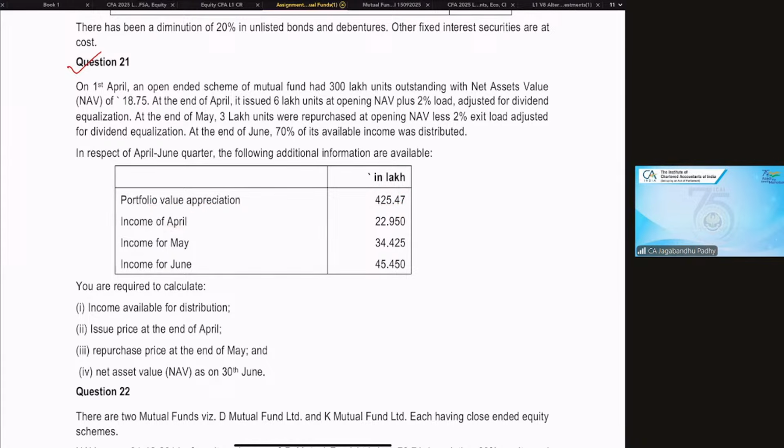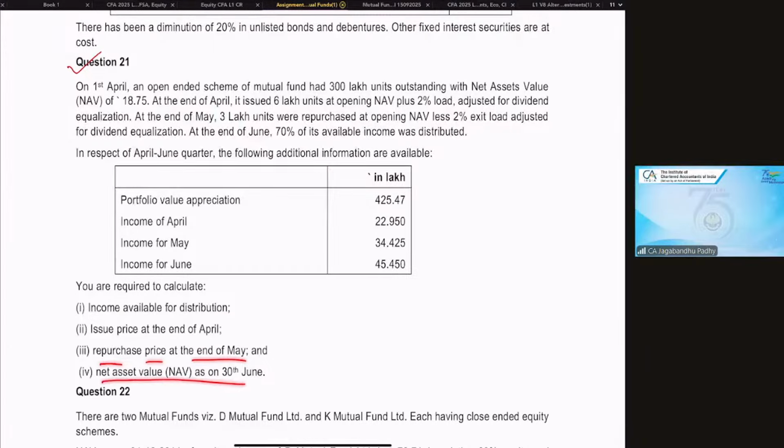Income for May is 34.425. And income for June is 45.450. You are required to calculate the income available for distribution, the issue price at the end of April, the repurchase price at the end of May, and the NAV as on 30th June.